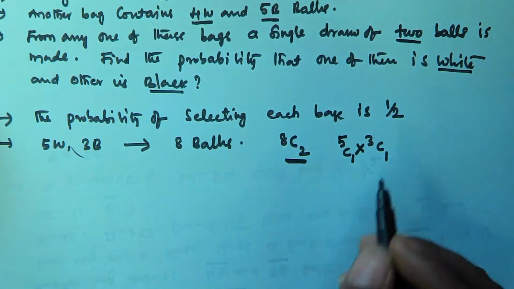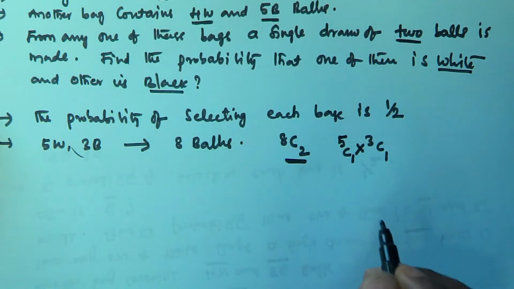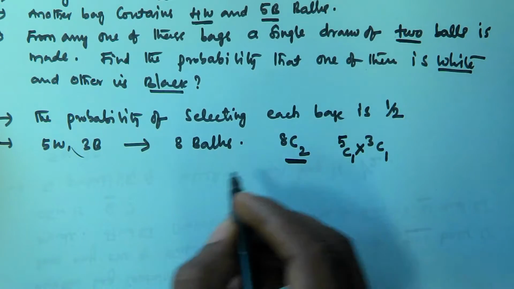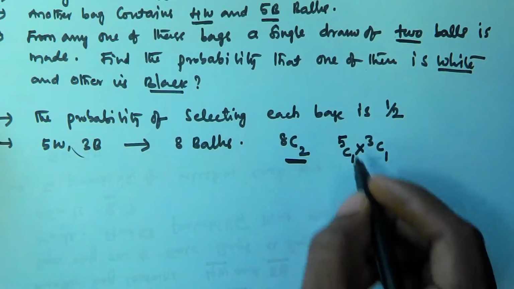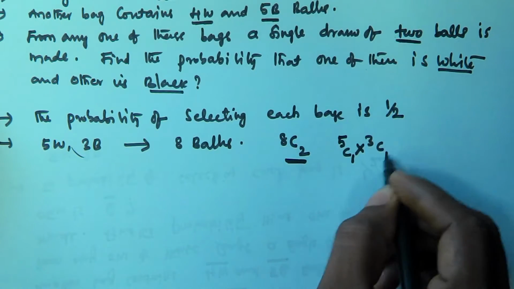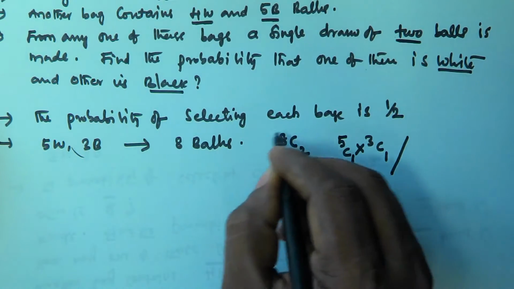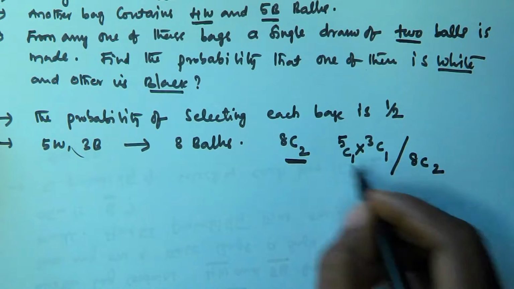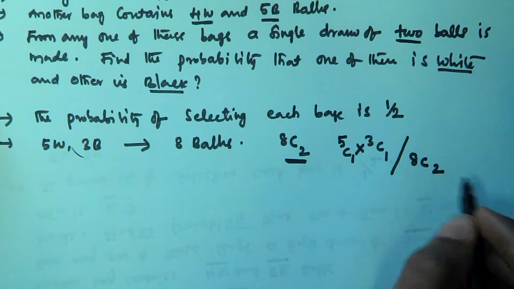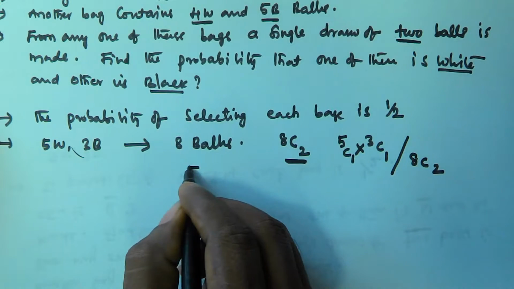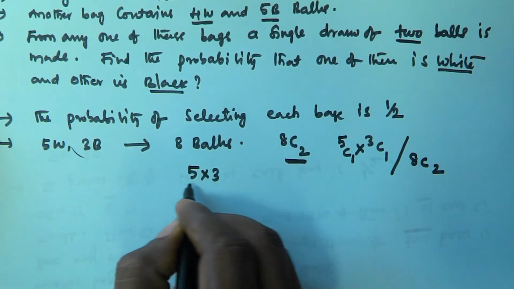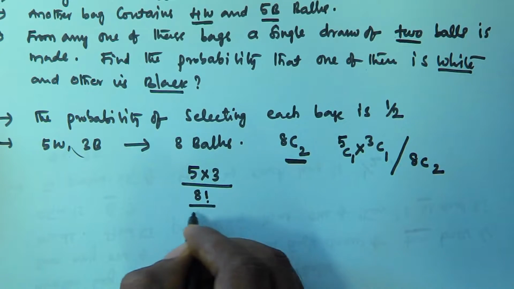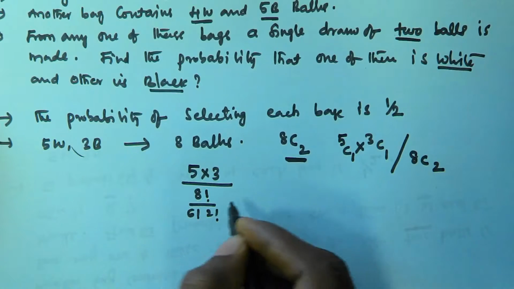So the probability of selecting 1 white ball and 1 black ball from the first bag is the total number of ways of selecting 1 white and 1 black ball by the total number of ways of selecting 2 balls, that is 5C1 into 3C1 by 8C2. 5C1 is 5, 3C1 is 3, and 8C2 is 8 factorial by (8 minus 2) factorial, that is 6 factorial into 2 factorial.